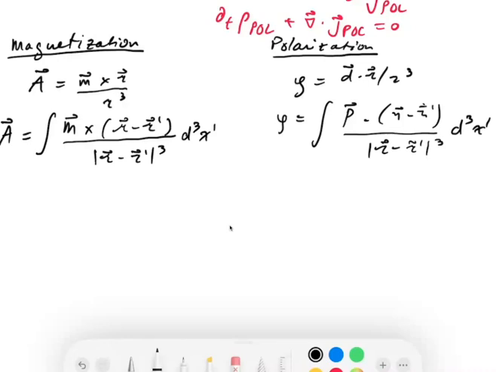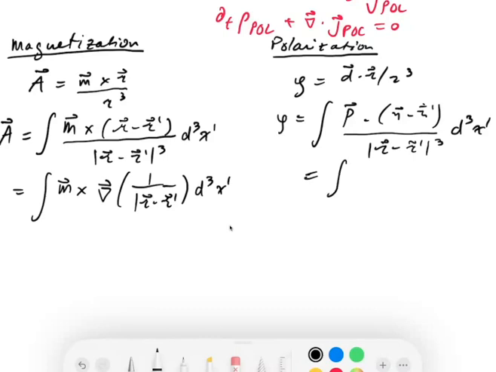And now we're doing the same thing with that divergence trick. So we just say this is just crossing the gradient, but it's the gradient of the 1 over r minus r prime, and this is still d3x prime. And we did the same thing here. We said this is the integral of P, the gradient of, I'm going to just use shorthand here, d3x prime.